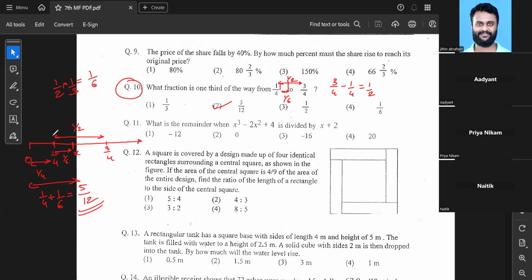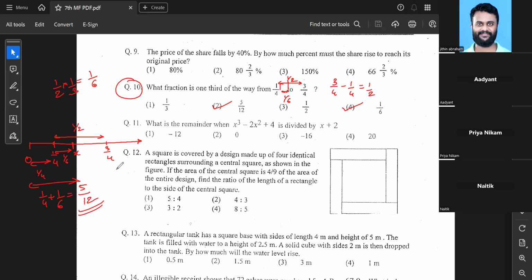So when you calculate that between 1 by 4 and 3 by 4 it is half, and one third of that is 1 by 6. Hence this is also given as correct because the same statement can be interpreted in two different ways. Okay, sir, can you explain how you got 5 by 12? I only got 1 by 6.